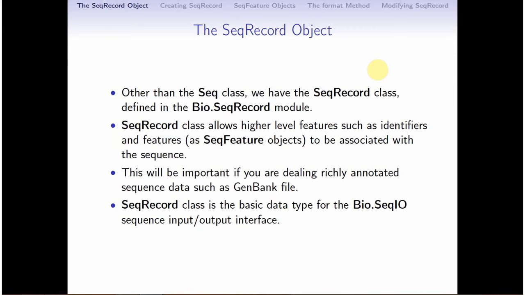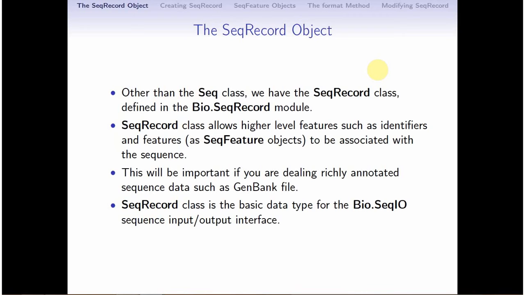More importantly, sequence record is important when you are dealing with richly annotated sequence data such as a GenBank file. As you can see from last week, FASTA and GenBank files are two different kinds in terms of format. A FASTA file contains less information compared to a GenBank file.